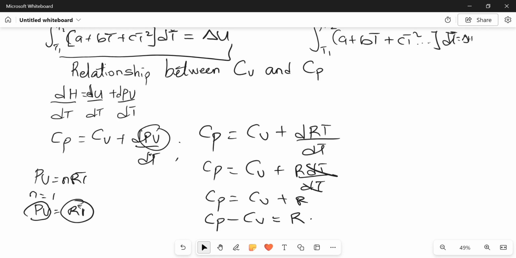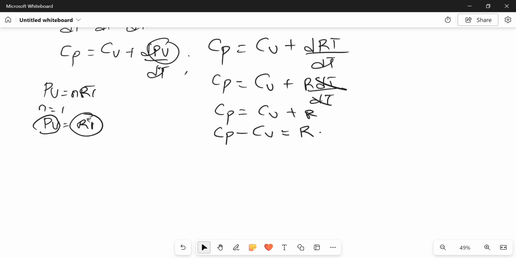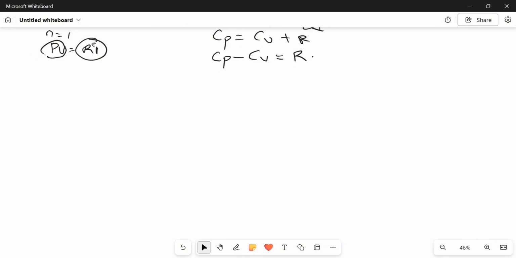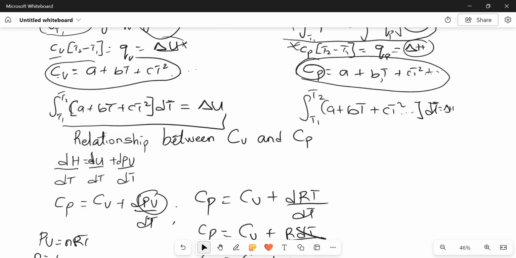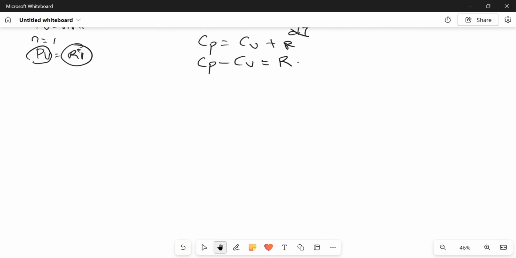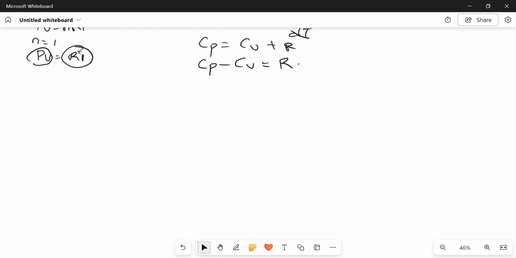Do we get? Okay, good. So we have gotten that. So let's now check out. We got an equation that's connecting Cv and del U. We also get an equation that is connecting Cp and del H. But all these are just looking at the change in enthalpy of a particular system.